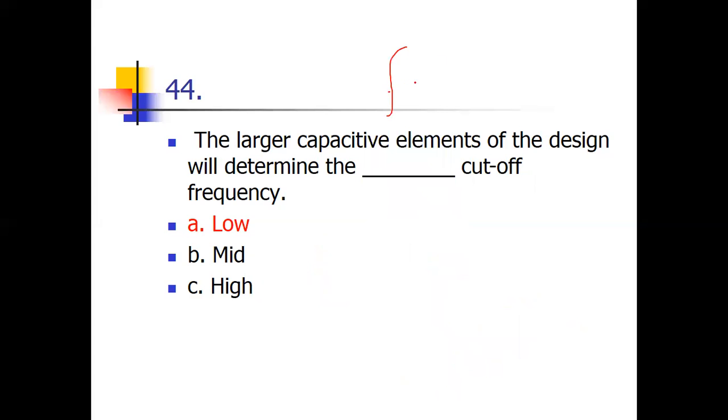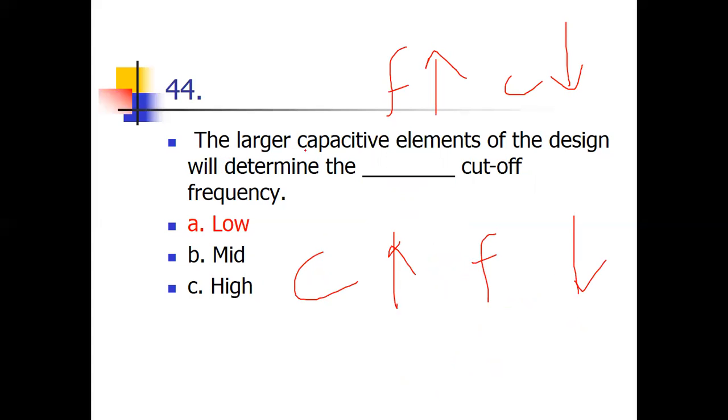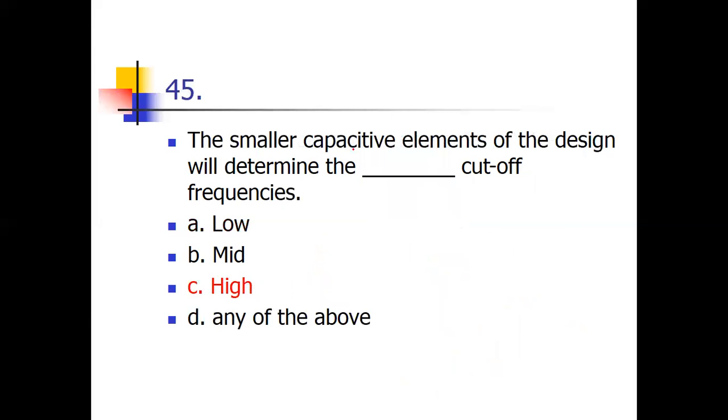So if f is increased, c will be decreased. If c is increased, f will be decreased. So a large capacitive element will determine the low frequency, and a smaller capacitive element will determine the high frequency.